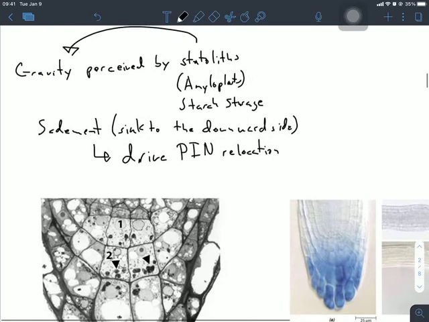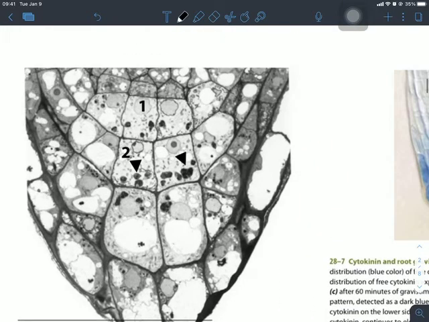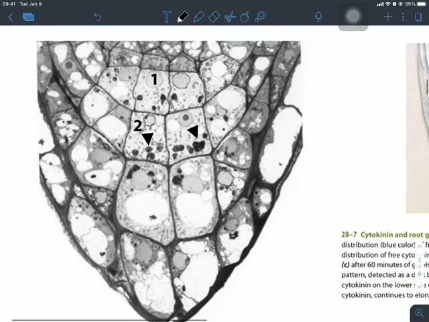And we actually have images of these statoliths in the columella of the root. We see here at the 2 marker that there are some really dark, grainy structures at the bottom of these 2 cells.